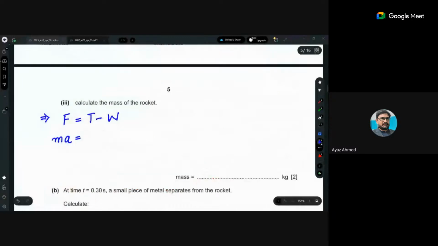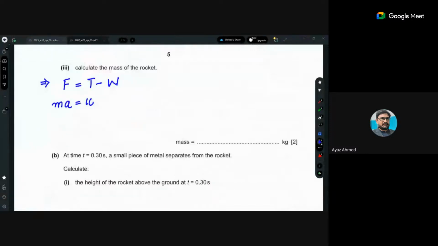तो it would be 16 न्यूटन minus m into g. अब आपने mass calculate करना है. सो mass वाले सारे variables को एक side पे लेके आ जाइए.